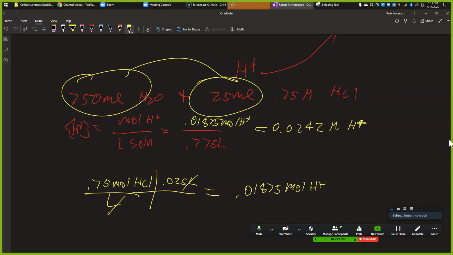And again, it doesn't matter if I write HCl or H plus down because it's a strong acid, so it's just going to dissociate. So if I go negative log of 0.0242, I'm going to end up with 1.6. This was pure water, and its pH was 7. I added this small amount of hydrochloric acid, and the pH dropped to 1.6. That's about gastric juice concentration.